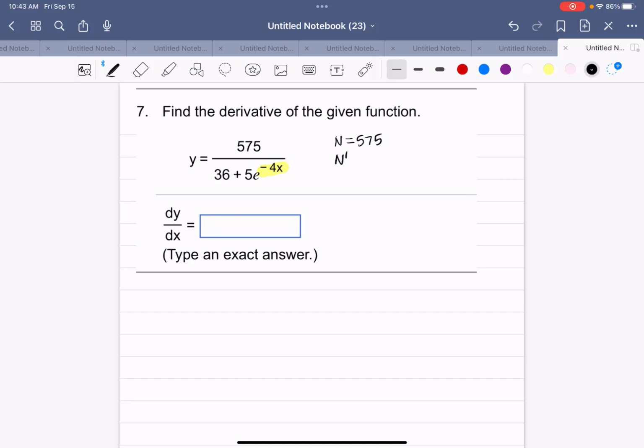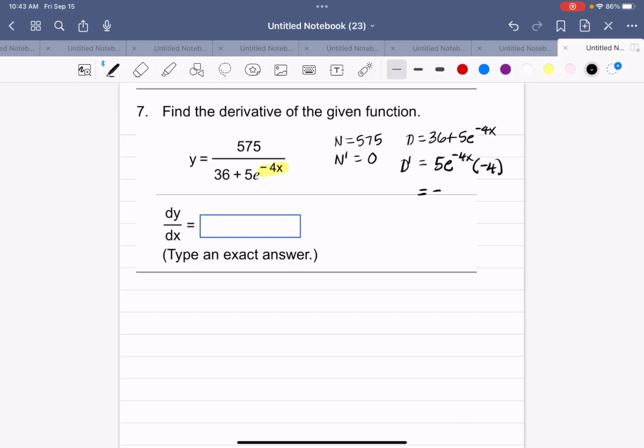Our numerator prime is 0 since that's a constant. Our denominator is 36 plus 5e to the negative 4x. And the derivative of our denominator is the derivative of 36 is 0, so it's 5e to the negative 4x times negative 4.